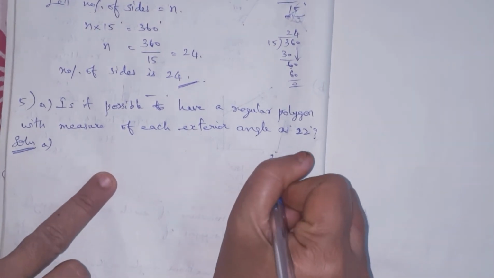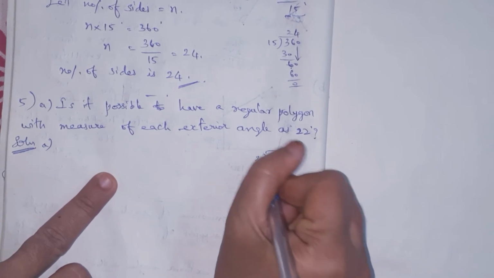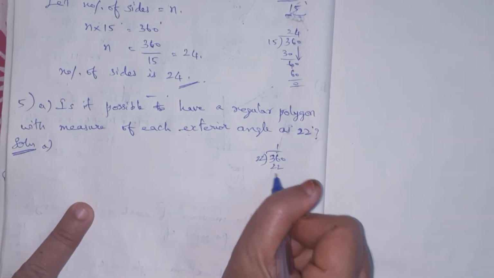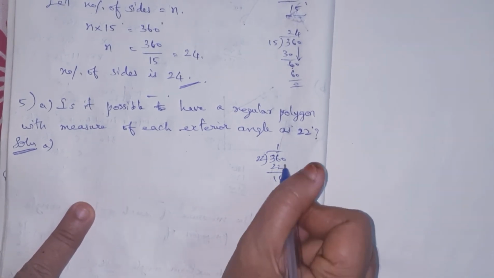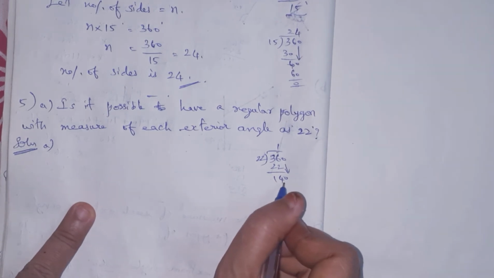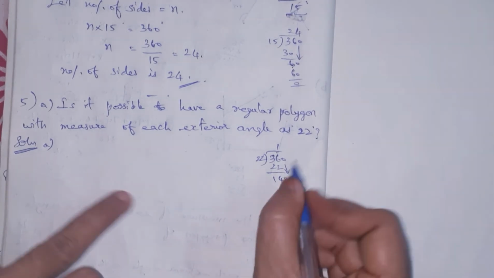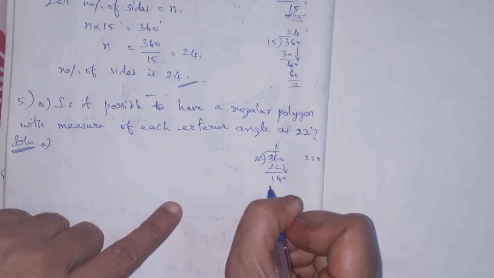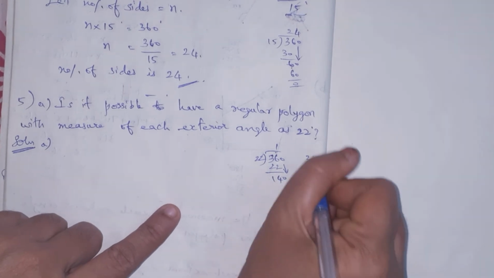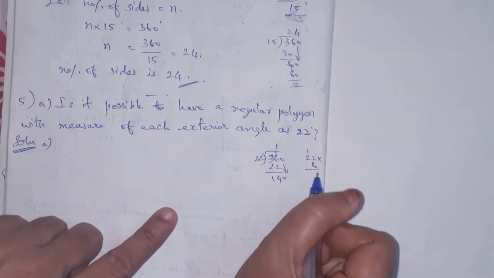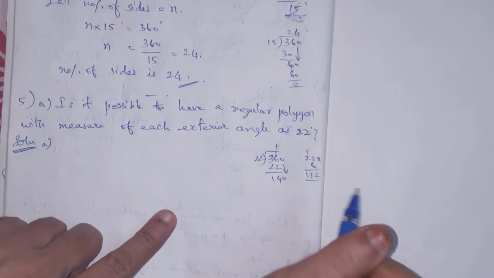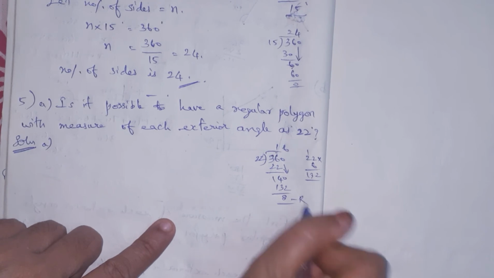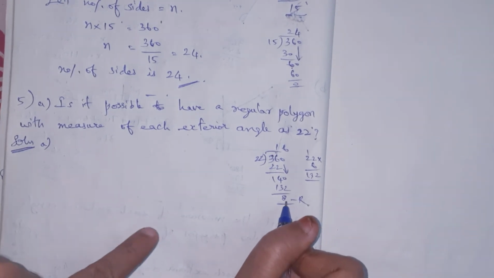We have to check whether we can divide. 5 times 22 means 110, and 6 times 22 is 132, the remainder is 8.